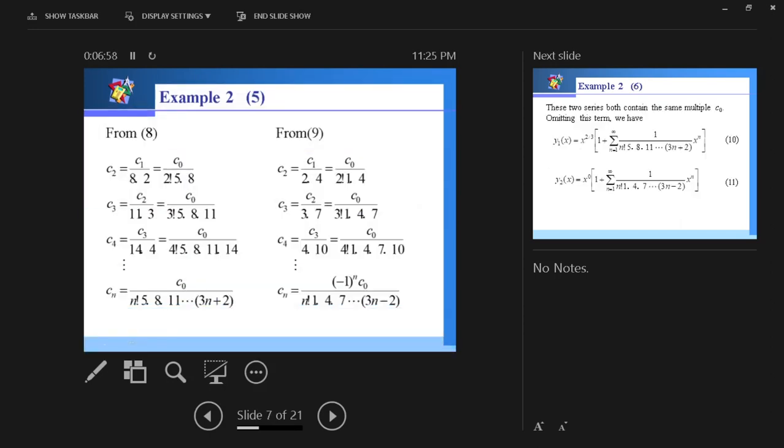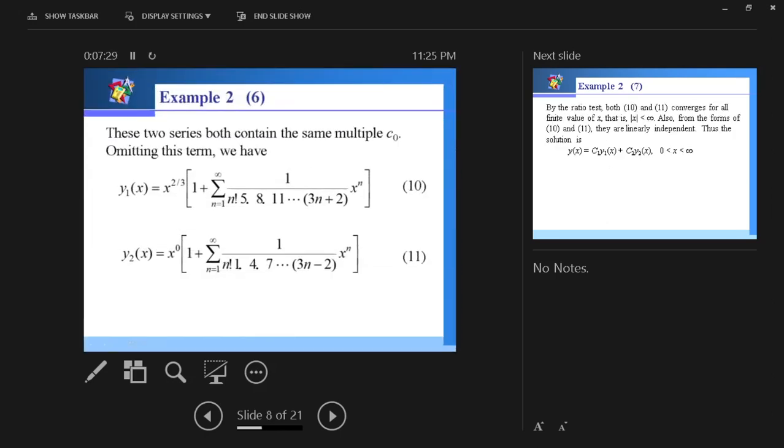From equation 8 and from 9 we find c_1, c_2 in terms of c_0, and the terms are c_n = (-1)^n c_0 over n! 5·8·11···(3n+2), and n! 1·4·7···(3n-2).